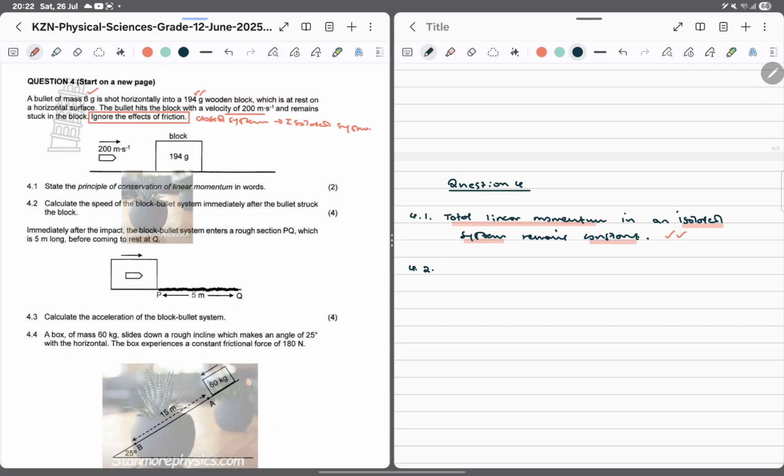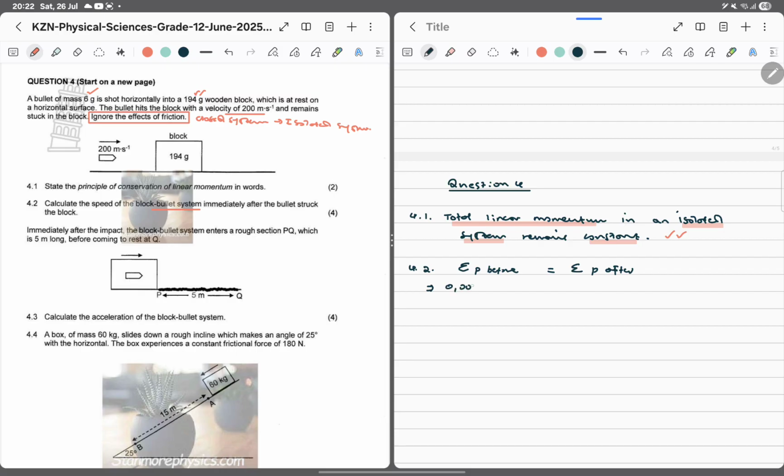Anyway, calculate the speed of the block-bullet system immediately after the bullet stuck to the block. So this is going to be the sum of momentum before equals the sum of momentum after collision, right? So this implies, now we need to change those masses from grams to kilograms. So 6 divided by 1000 is 0,006, right?